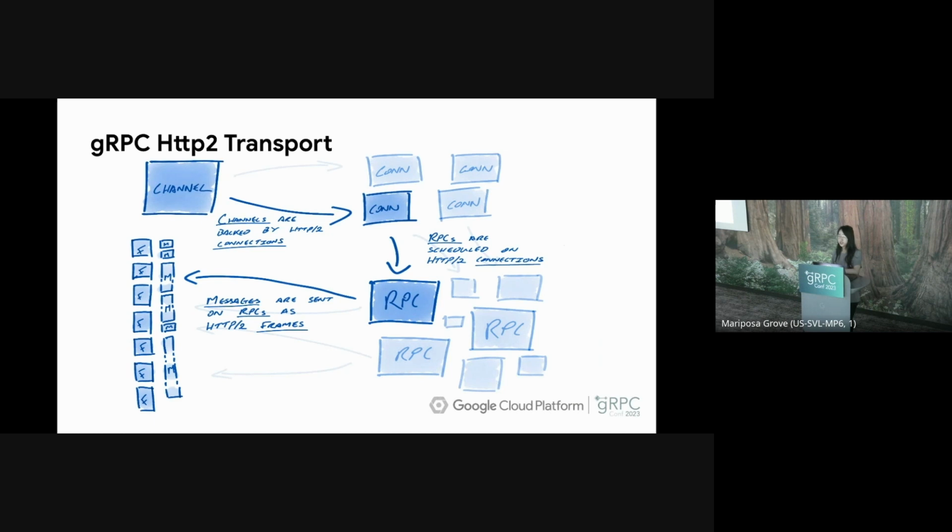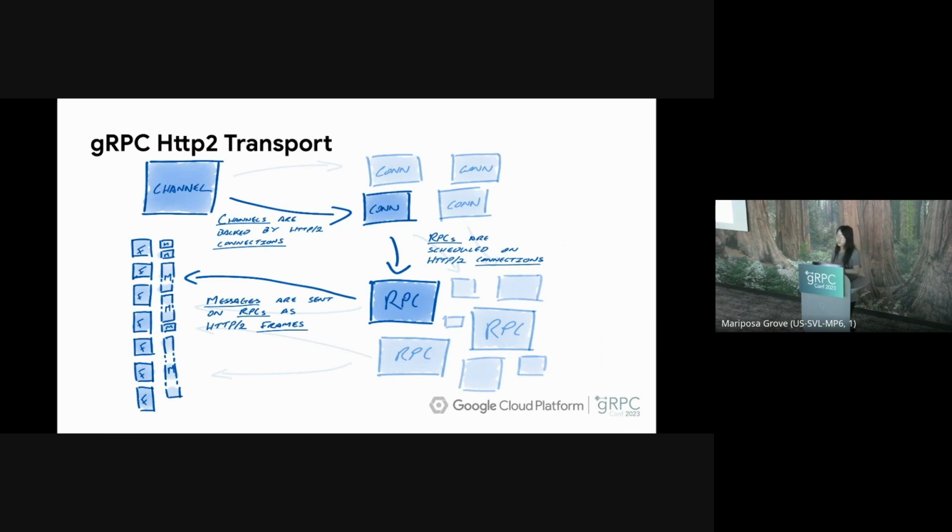That is conceptually an HTTP2 connection. And when we're doing RPCs, we schedule those RPCs on those connections. And just as a subchannel maps to a connection, an RPC is mapped to a stream in the HTTP2 world of concepts.